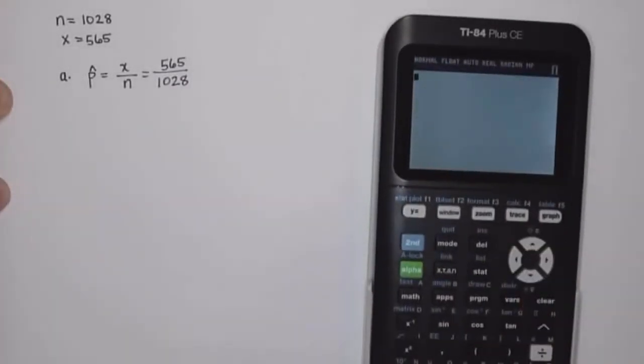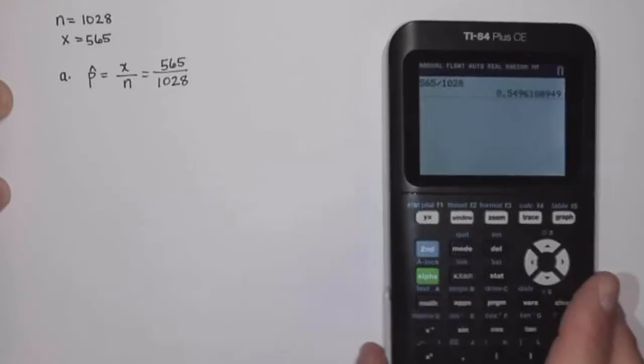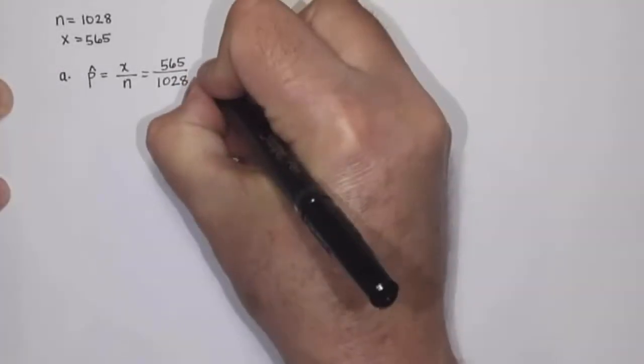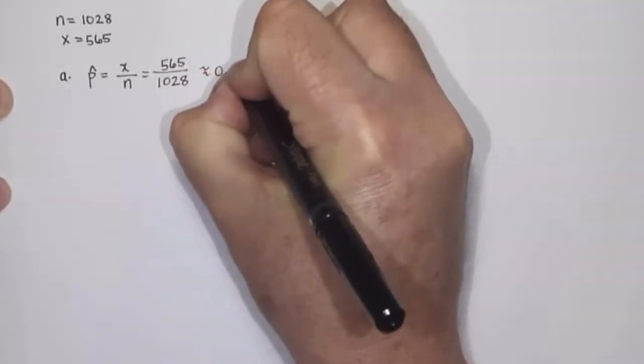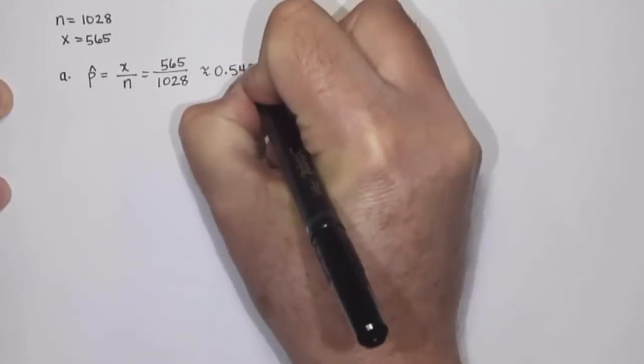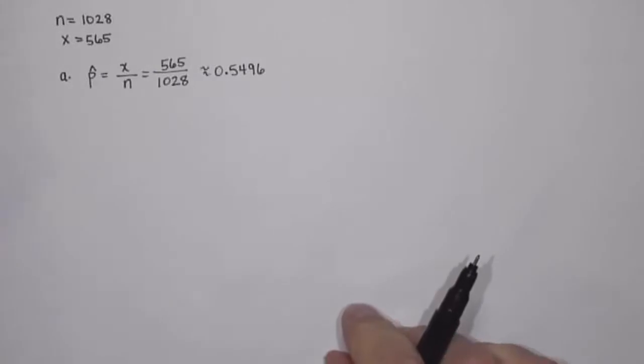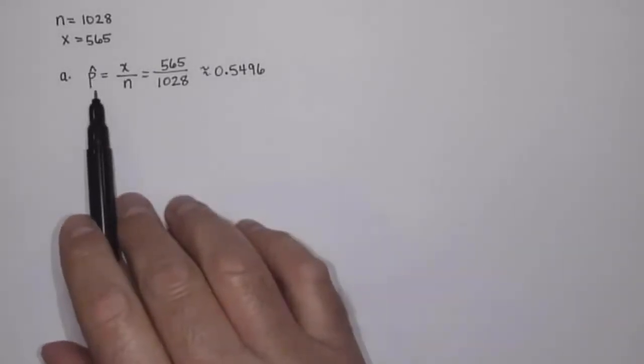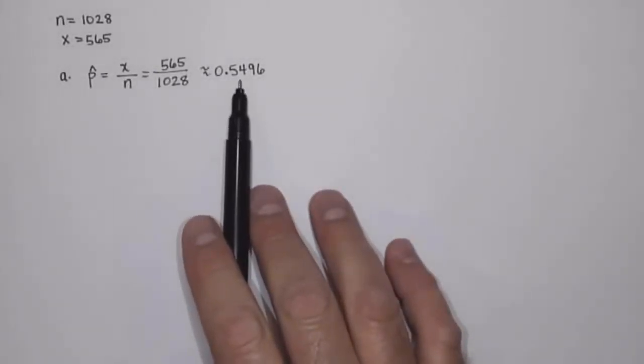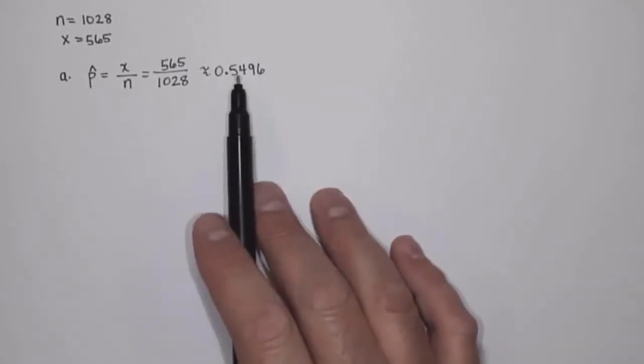So if I bring in my calculator, 565 divided by 1,028 is 0.5496. So this is approximately 0.5496. So about 55%. So based on this sample, we would estimate that about 55% of adult Americans are registered organ and tissue donors.